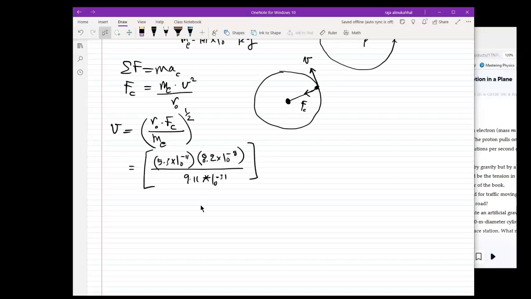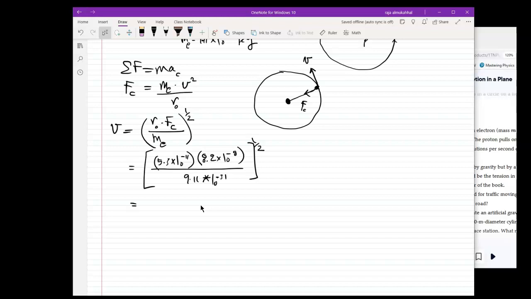I just put it to the power of half. Let me get this number very quickly, and please calculate that with me. Make sure I'm not making any stupid mistakes here. So I have 8.2 E negative 8 times 5.3 E negative 11 divided by 9.11 E negative 31, all of that under the square root.